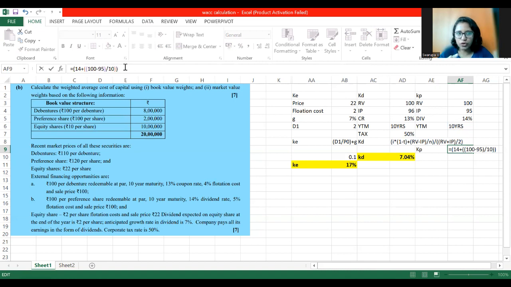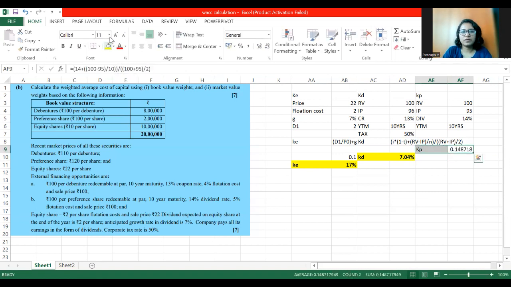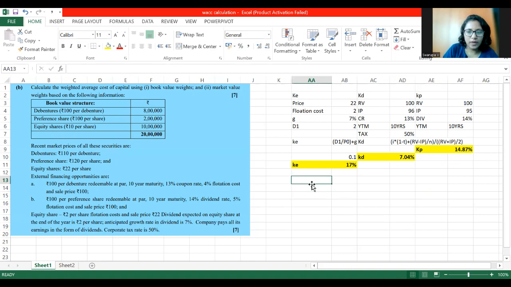So this gives me my total cost, by the average value, so it is 100 plus 95 by 2. This will be my KP. So we have got all the costs now.